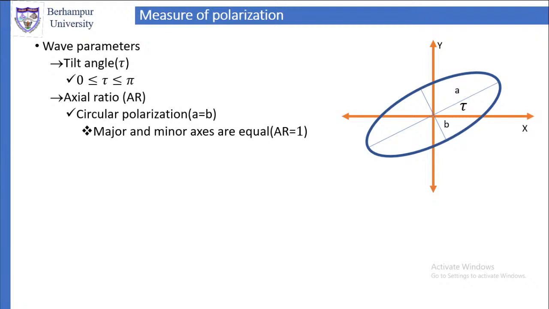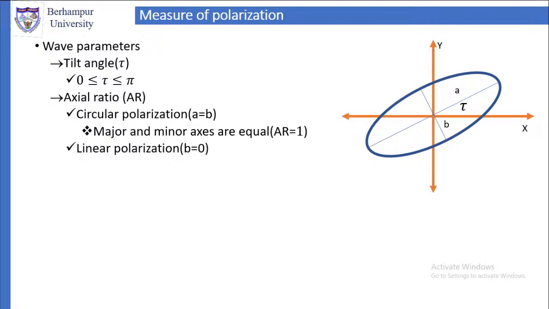Now the other extreme case is linear polarization. In linear polarization, it has to be a straight line. So we take the larger straight line, which is the major axis. In that case the minor axis has to vanish, which means B is equal to 0. If B is equal to 0, we get linear polarization.